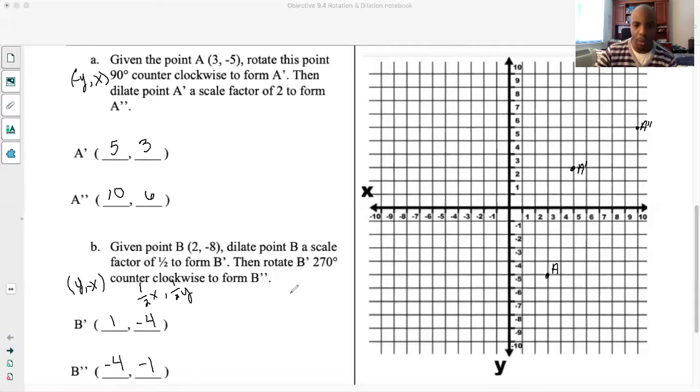So now when we go to put these on the actual grid here, let's start off with B. B itself was (2, -8), which is all the way down here. Now we've got to find B prime, which is (1, -4).